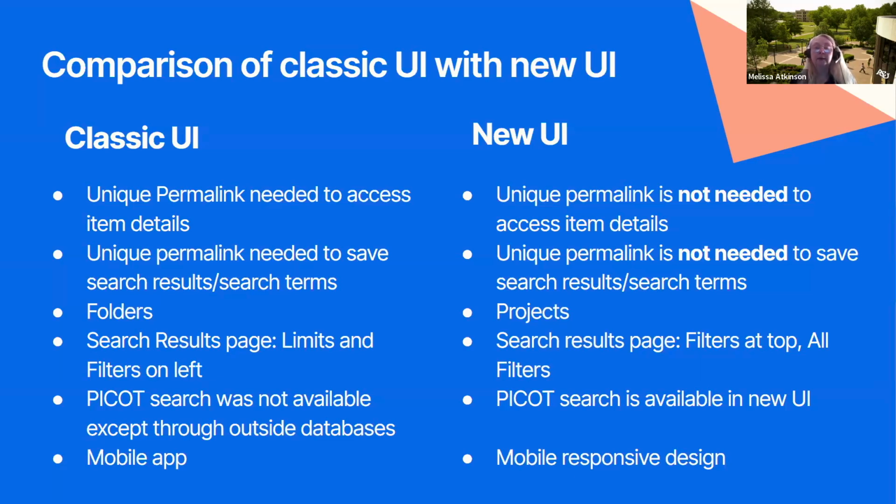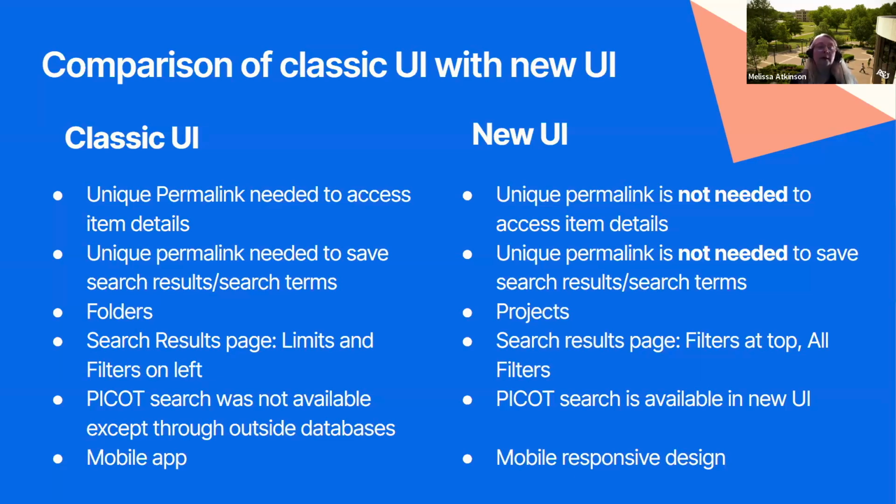You'll just grab the URL in the browser, and you can actually use the browser URL to get directly to the PDF this time. And the same thing for saving search results or search terms. You need a unique permalink in the classic UI. In the new UI, you do not. You can just use the browser URL.